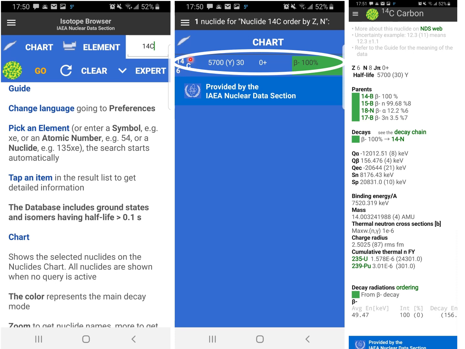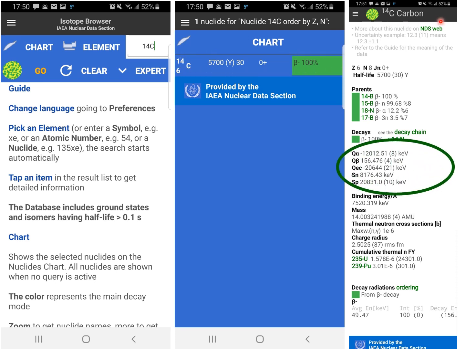Here would be the information, carbon-14, the half-life, the spin and parity, and the decay mode, followed by the percentage or any sort of branching ratios. You would select this, and it would bring you to the next page, which has the information on carbon-14, gives you the references, the number of protons, neutrons, spin and parity, the half-life, the parents, the decays, and it gives you these Q values.